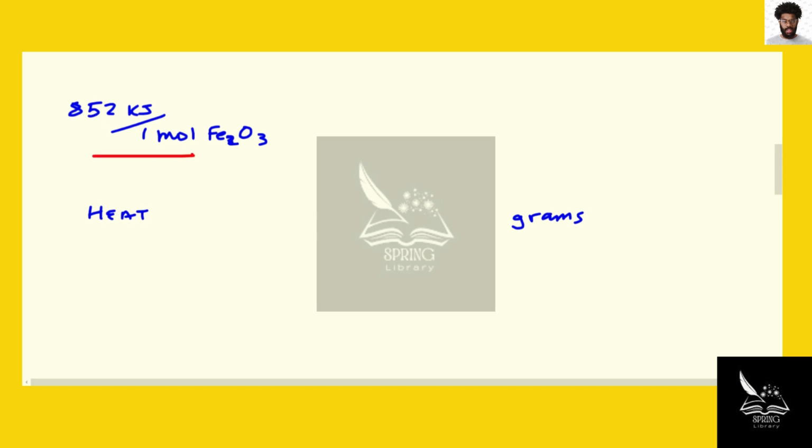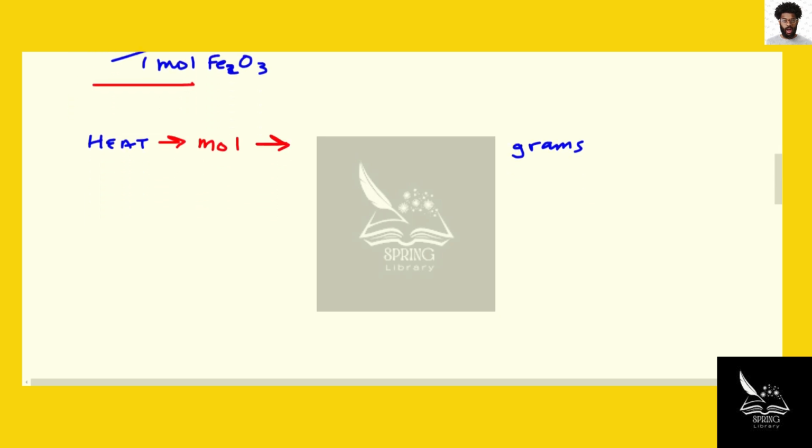We're given 852 kilojoules per 1 mole of our iron 3 oxide, so we want to go from heat to grams. How are we going to do that? We're given a conversion factor here. We're able to go from heat to moles, and we can go from moles to grams. So this one is going to be pretty simple.